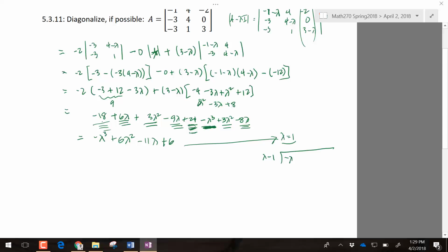Minus lambda cubed plus 6 lambda squared minus 11 lambda plus 6. So this should divide out evenly. I think, what do we do? Negative lambda squared. That would be negative lambda cubed here, minus negative is positive lambda squared. Subtract. You got 6 minus 1 is 5.